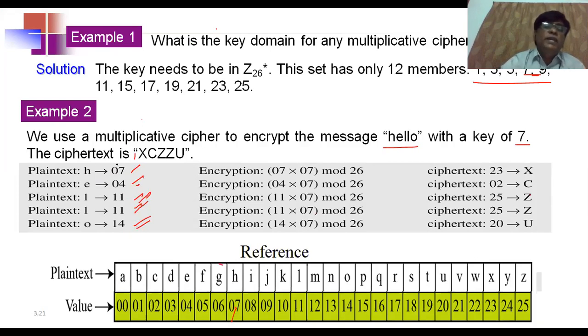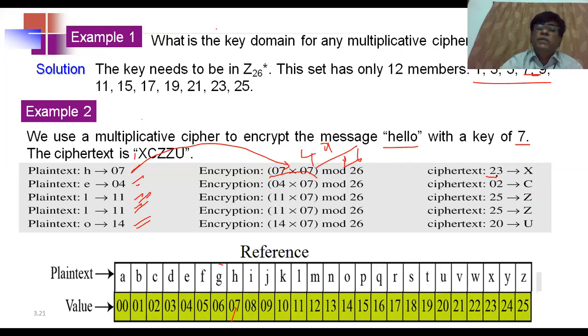Now multiply each and every character with the key 7. Since the h value is 7, multiply 7 with the key 7. 7 into 7 is 49. 49 mod 26 is 23. The remainder is 23.